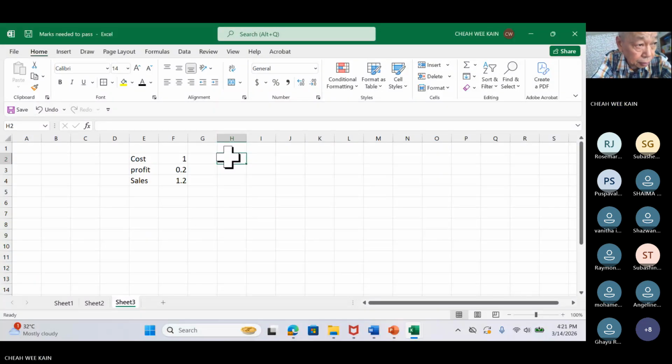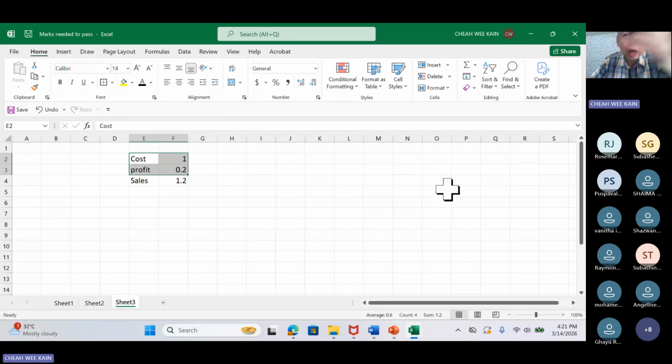Understand? When you go to the shop, Shaima's shop, does he care about these two figures? Do you care? Shazwan, do you care about this figure? No. What do you care about? You only care about this figure, isn't it? Yes.